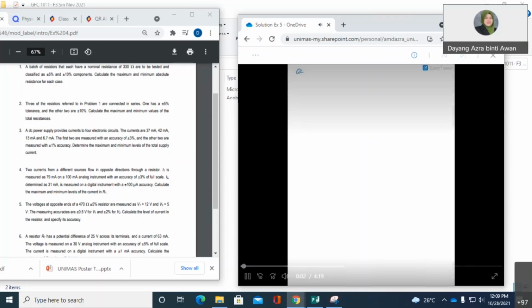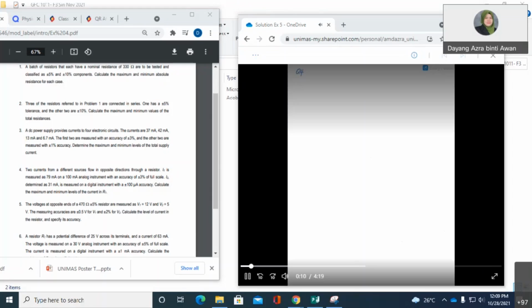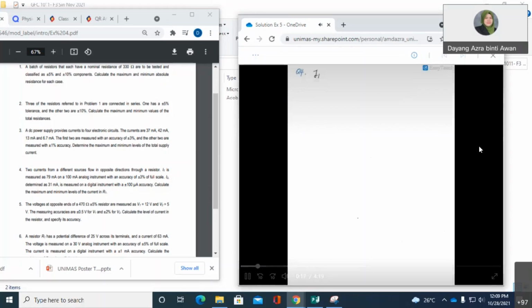For question number 4, we have two currents from different sources flowing in opposite directions through a resistor. I1 is measured at 79 milliamp on a 100 milliamp analog instrument with accuracy of 3%. So this is not the accuracy of the measured current. This is the accuracy of the analog instrument itself.